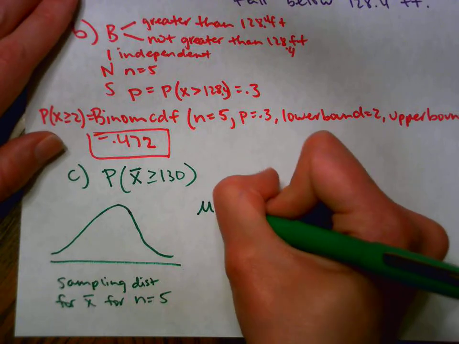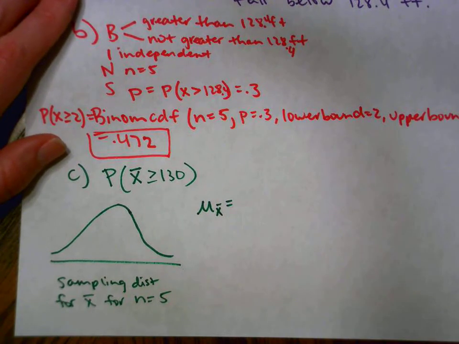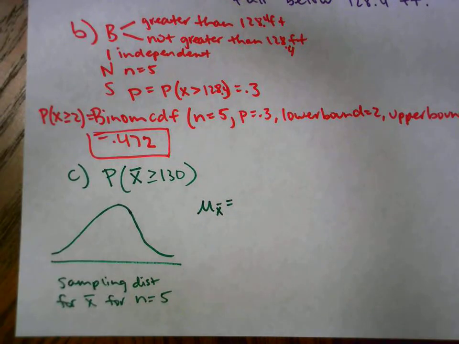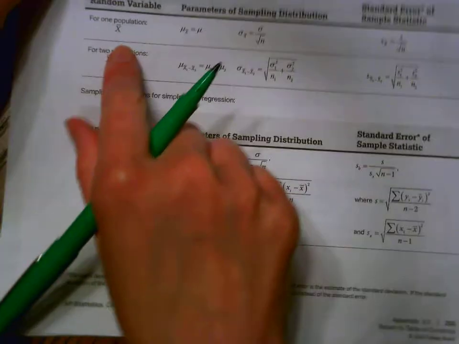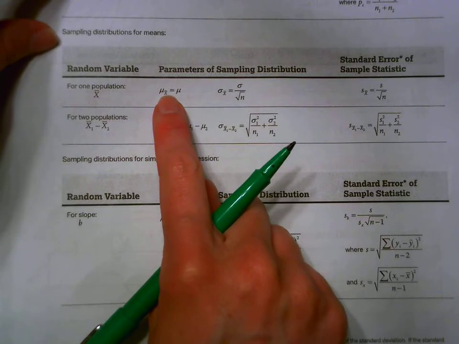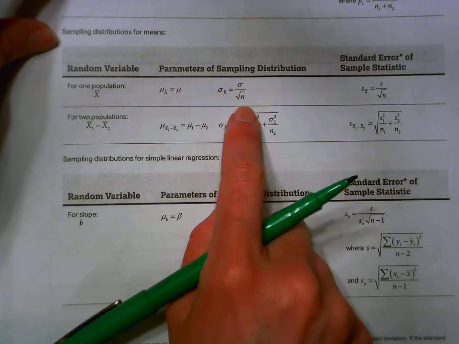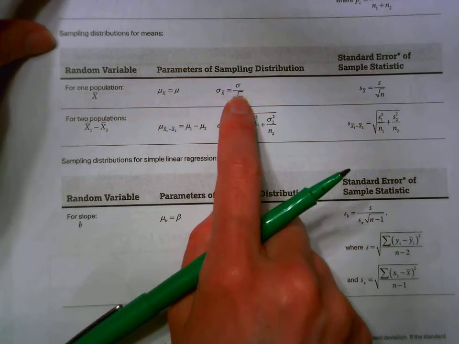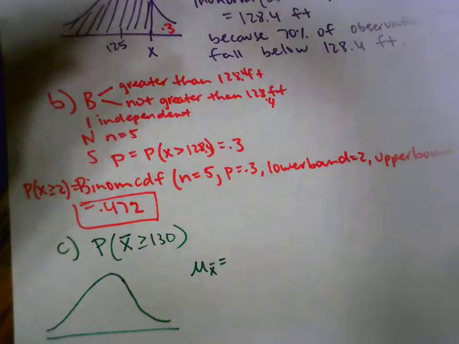Now how do we know the mean of x bar? It equals the true mean. Maybe I should be showing all the formulas. So when we create a sampling distribution, we're on the back of the formula chart. The mean of x bar is equal to the true mean, and the standard deviation of x bar is the standard deviation divided by square root of n.